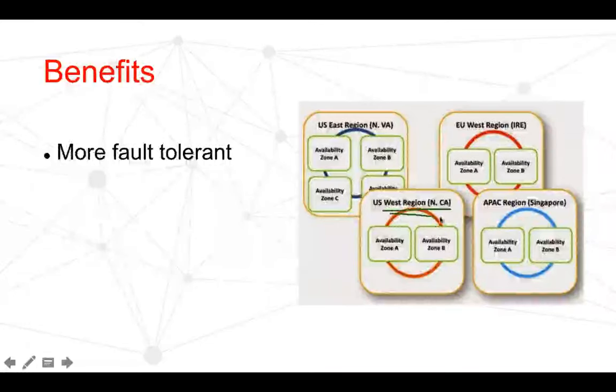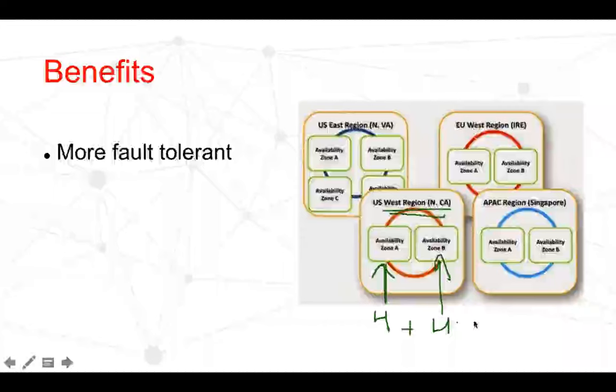You have, let's suppose, in availability zone A, 4 instances that you decide should be up and running. And you also run 4 more instances in AZ B. So 4 plus 4 is equal to 8. Now, let's suppose due to some kind of event, the entire AZ A goes down.